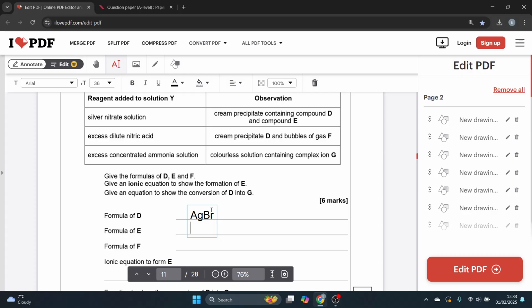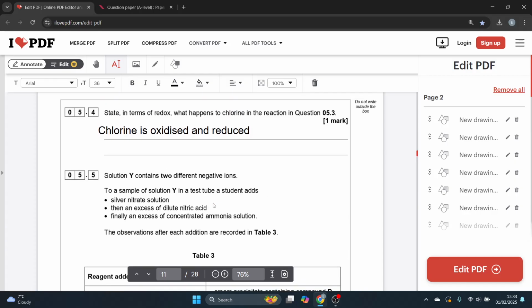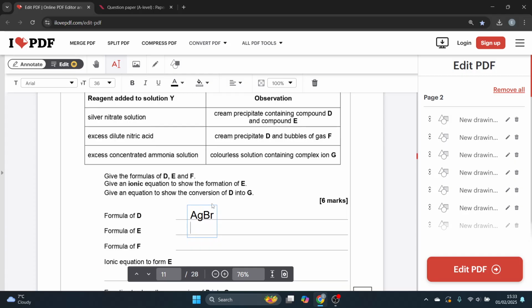But I also know compound E is Ag2CO3, and F, the bubbles of gas, is obviously going to be carbon dioxide.